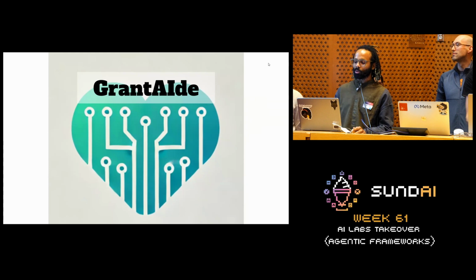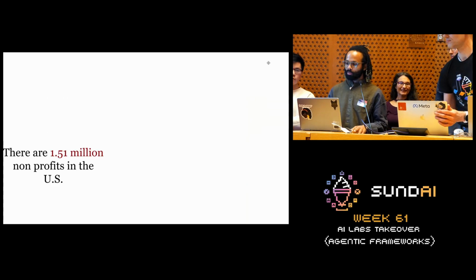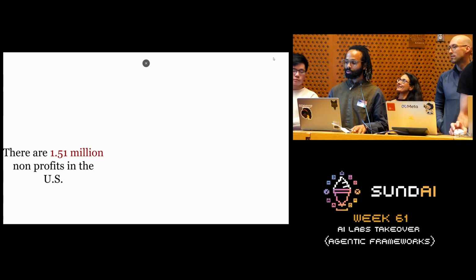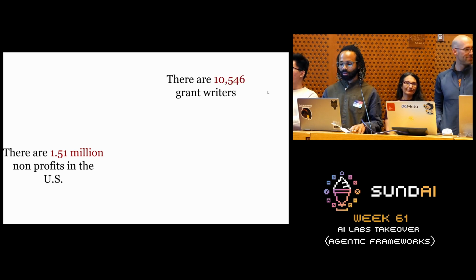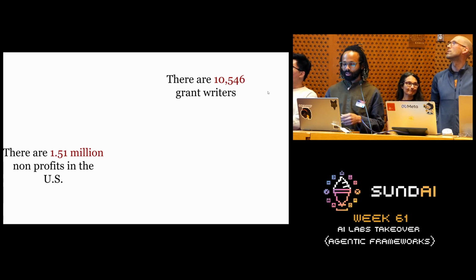All right, so we're GrantAid, and our project. Well, we'll describe the problem first. There are about 1.5 million nonprofits in the U.S. and a little over 10,000 grant writers.